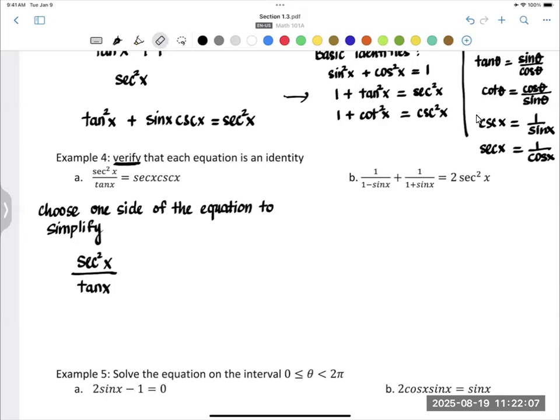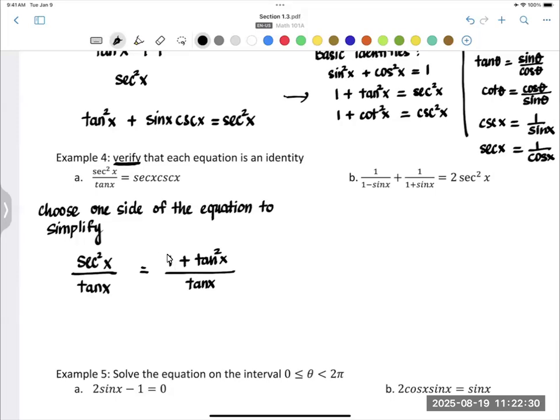So I'm going to go ahead and write this as 1 plus tangent square x all over tangent x. But wait a minute, when I do it like this, I don't see anything I can simplify further. However, it looks like a fraction with 2 terms in the numerator and 1 term in the denominator.